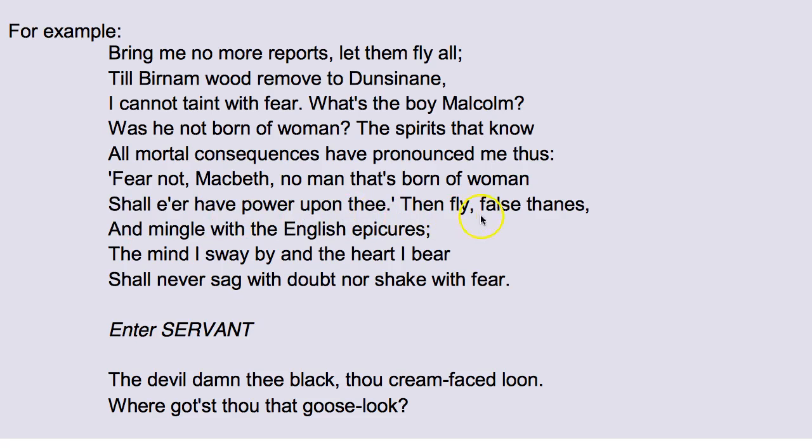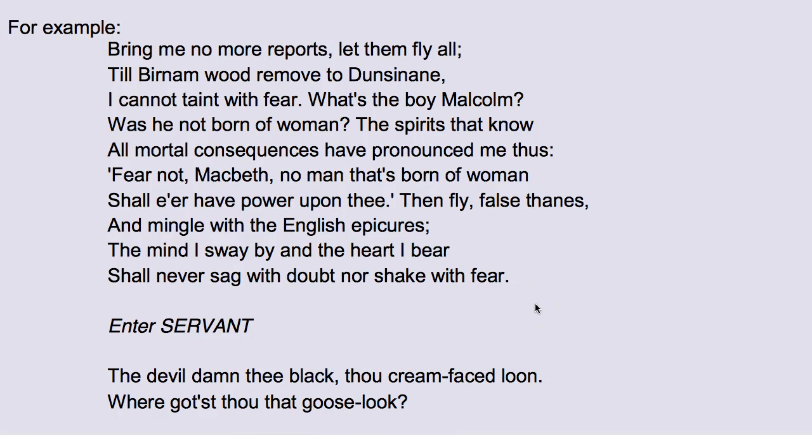Then fly, false thanes, and mingle with the English epicures. The mind I sway by and the heart I bear shall never sag with doubt, nor shake with fear. Enter a servant. The devil damn thee black, thou cream-faced loon! Where got'st thou that goose look?